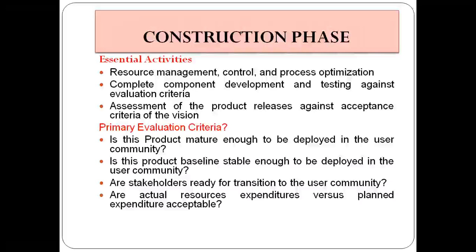Once my component or product is developed, I have to go for the testing. The more ways I test the product, the more errors I can see if any deficiency is there in the project. That's the reason why we perform beta, alpha and test releases.